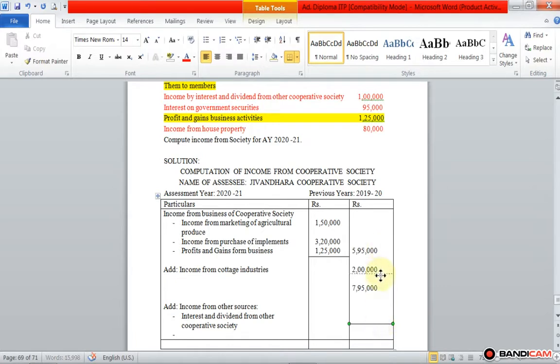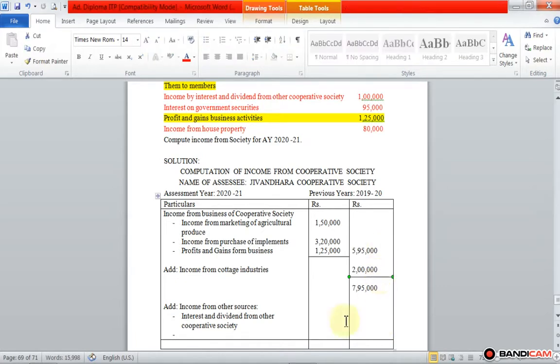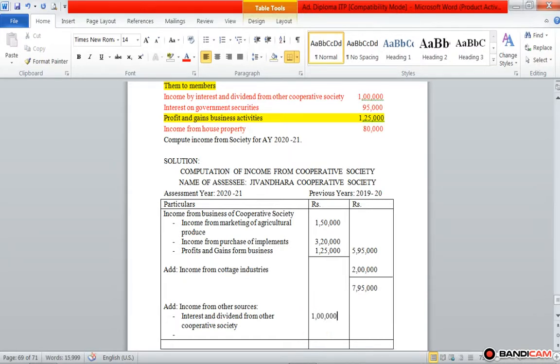So here 1 lakh income is derived from other cooperative society in the form of interest and dividend.